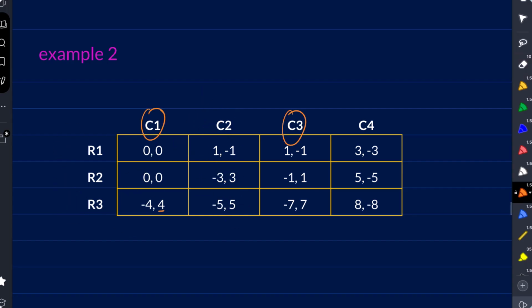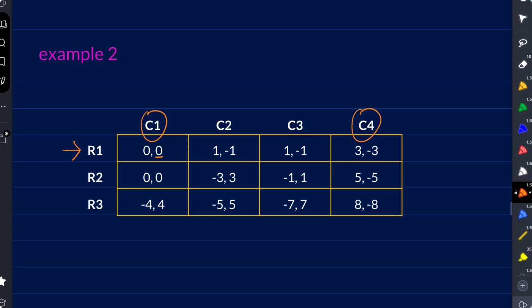C1 and C3. If R1 happens, C1 is better. If R2 happens, C3 is better. And if R3 happens, C3 is better. So neither dominates the other. C1 and C4.